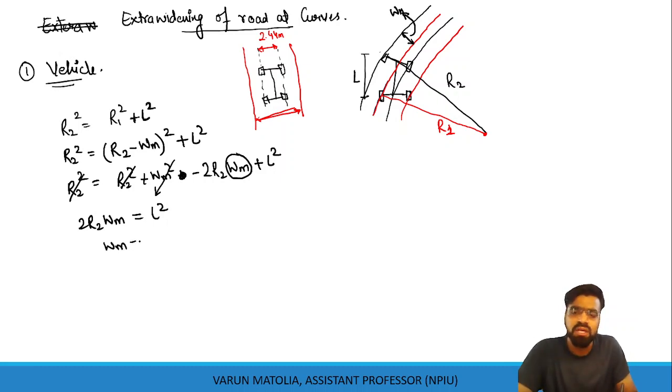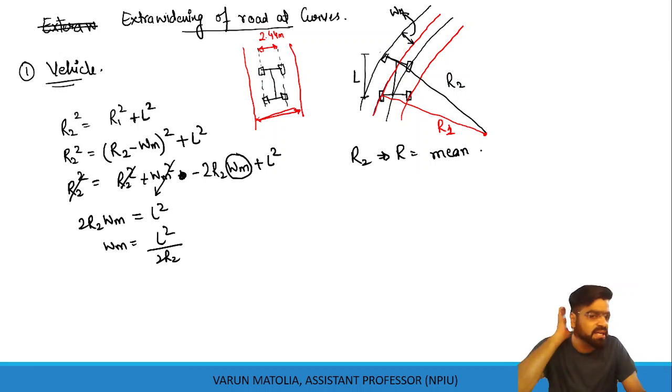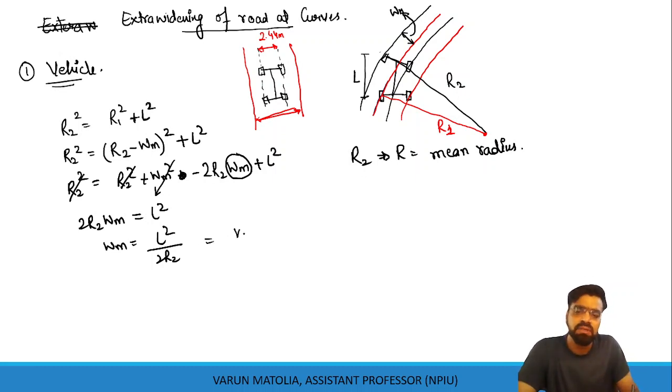Wm is equal to L square by 2 R2, and R2 is actually R, the mean radius, because the outer radius we consider as the mean radius. So we can write this formula as Wm equals L square by 2R.